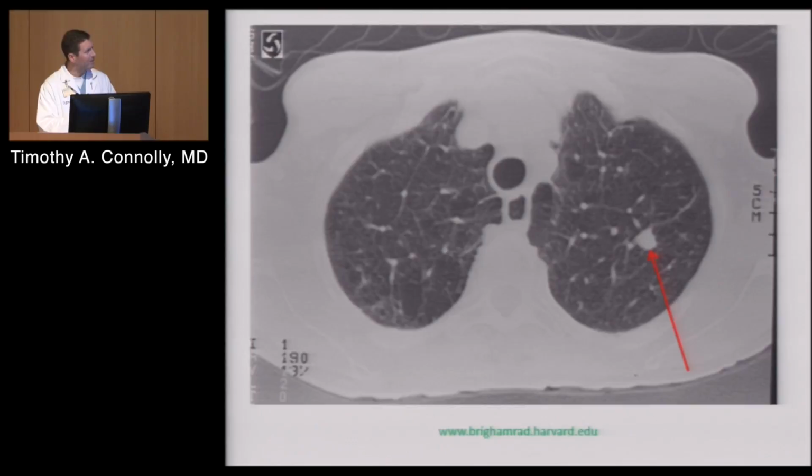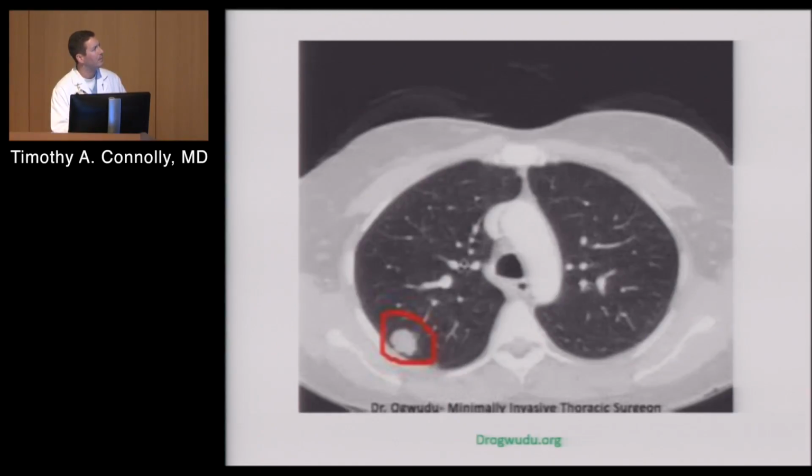Because remember, on that previous one, if you're going in along that track, you're going through all this normal lung. So the likelihood of getting a pneumothorax is 100%. It may not be clinically significant, again, depending on the person, but it's just a risk that you're generally not willing to take if it can be avoided. This one, the risk of pneumo is not 0, but it's substantially less.